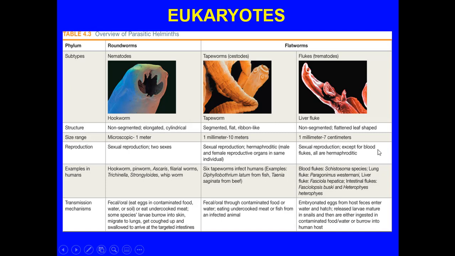Now, trematodes, except for blood flukes, are all hermaphroditic, meaning that they have both male and female reproductive organs. In the blood flukes, such as schistosoma, as you can see here, this is the male, this is the female.